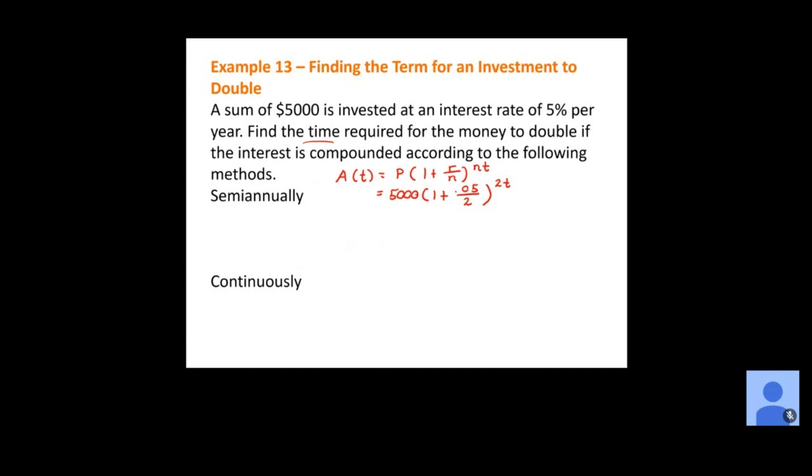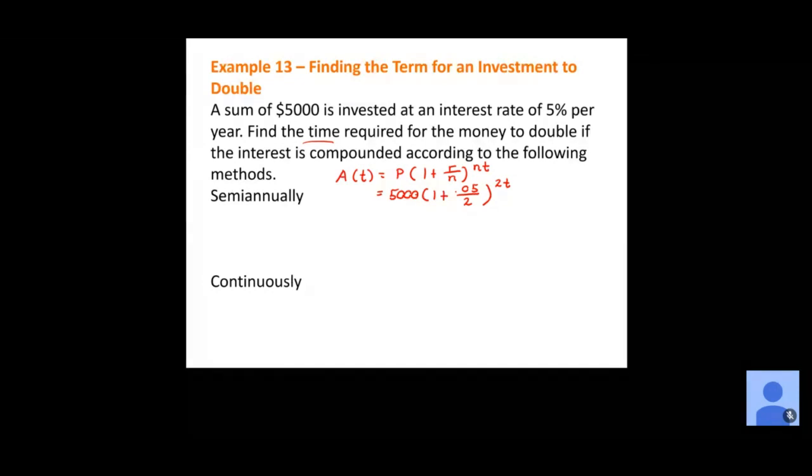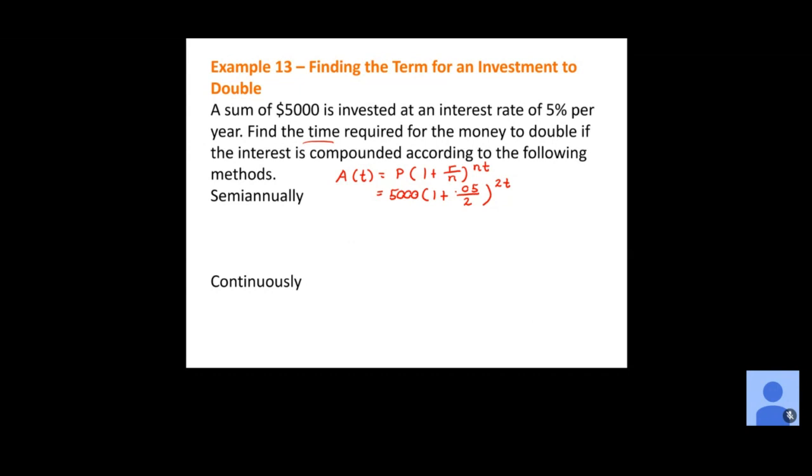So we're almost there, right? So we've got our principal, we've got our rate, we've got our n value. So if I'm looking for time, what else do I need to know? So we know principal. Principal was 5,000. So we're still missing.